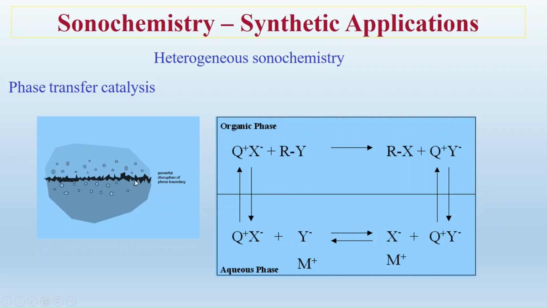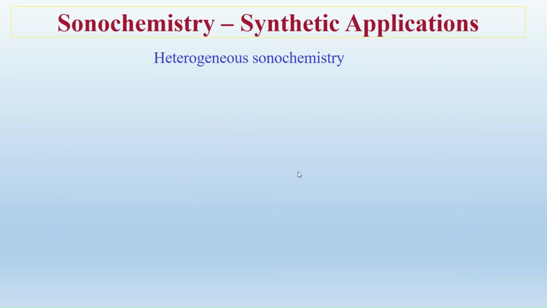By this disruption, it facilitates the movement of the catalyst from aqueous phase to organic phase and hence facilitates the reaction to undergo. This is the salient feature of ultrasonication of phase transfer catalysis reactions. We can see one example.